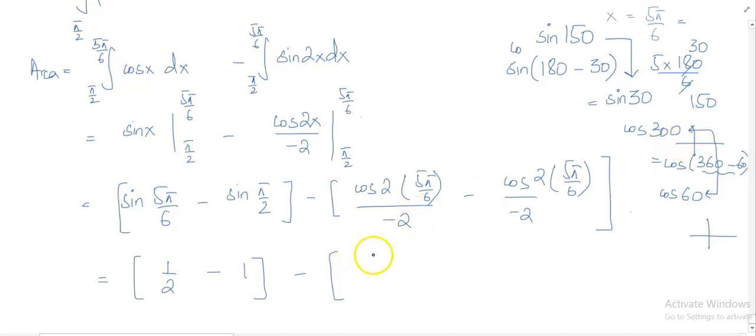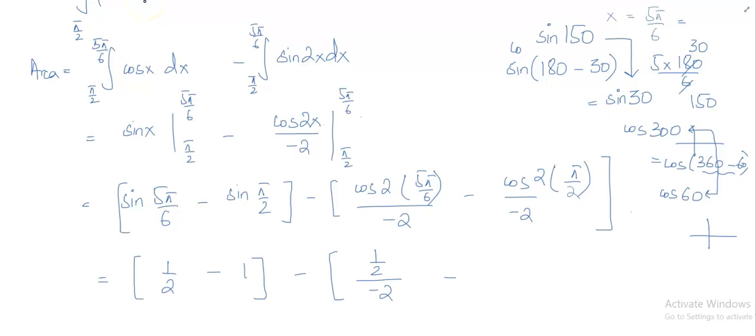So I end up getting 1/2 in the numerator and -2 stays in the denominator. Similarly, for the second one, it's not 5 pi by 6, sorry, I inputted that slightly wrong and need to change it. For the second one, it's going to be pi over 2, so I'll be calculating the value at pi over 2.